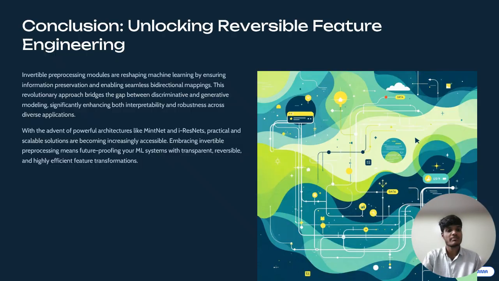With the advent of powerful architectures like MintNet and IRISNet, practical and scalable solutions are becoming increasingly accessible. Embracing invertible preprocessing means future-proofing your ML systems with transparent, reversible, and highly efficient feature transformations. So, we conclude: unlocking reversible features in engineering.